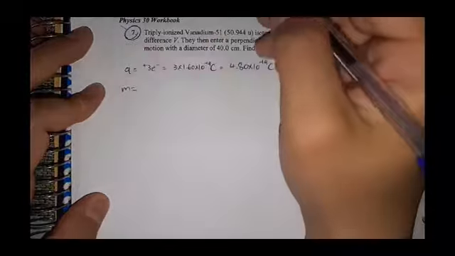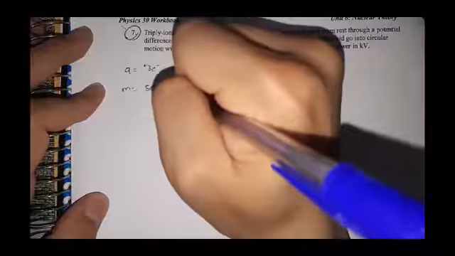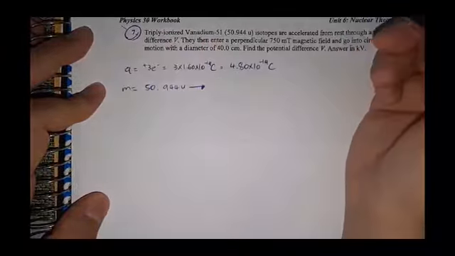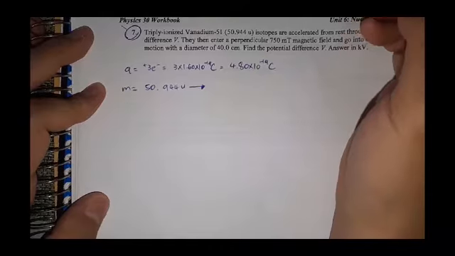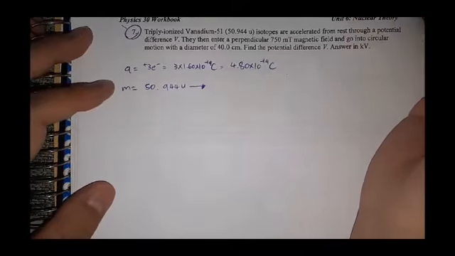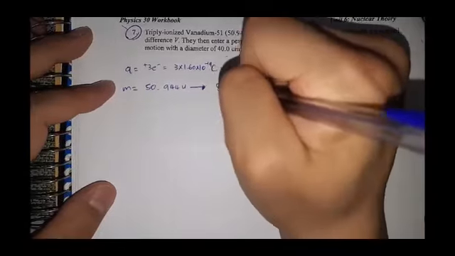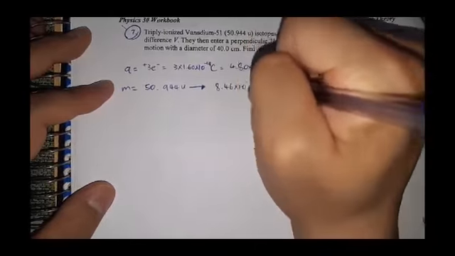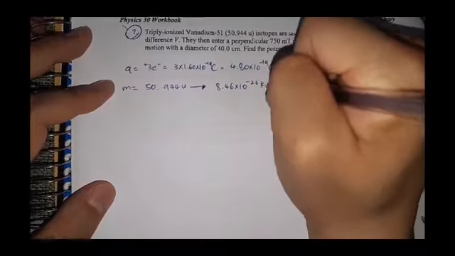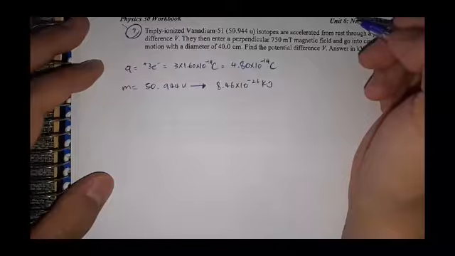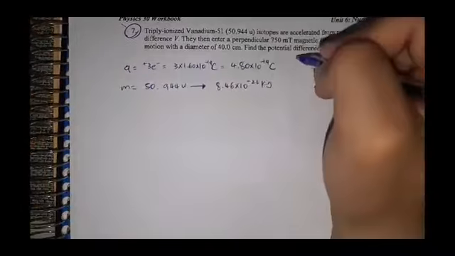We also know mass, which is 50.944 u. So if you multiply by 1.67 times 10 to the power of negative 27 conversion, you will figure out 8.46 times 10 to the power of negative 26 kilograms.